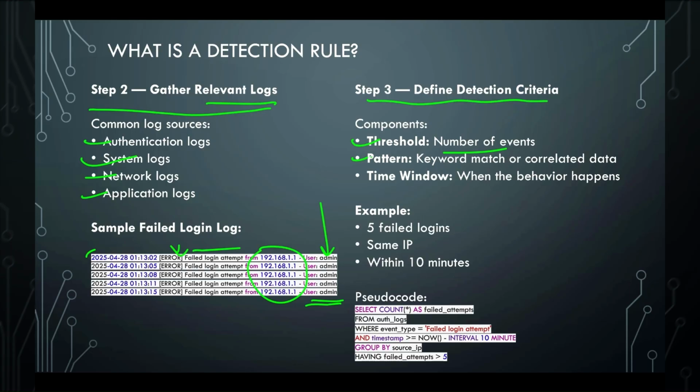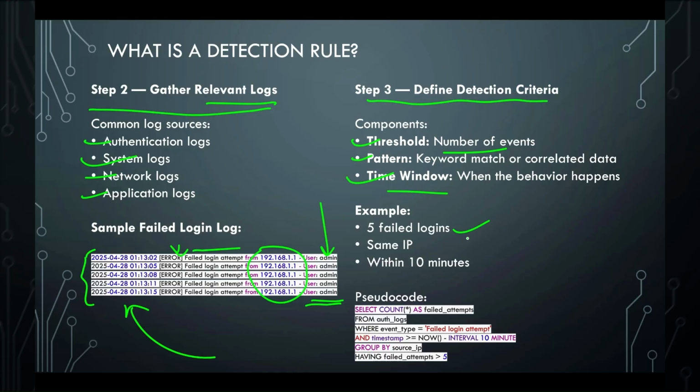Then pattern, so look for certain keywords like failed login attempt or error and correlate them with other log fields like IP addresses or usernames. Then time window is very important. Define the time frame during which multiple failed login attempts are considered suspicious. If it is an odd hour, then definitely it is suspicious, right?